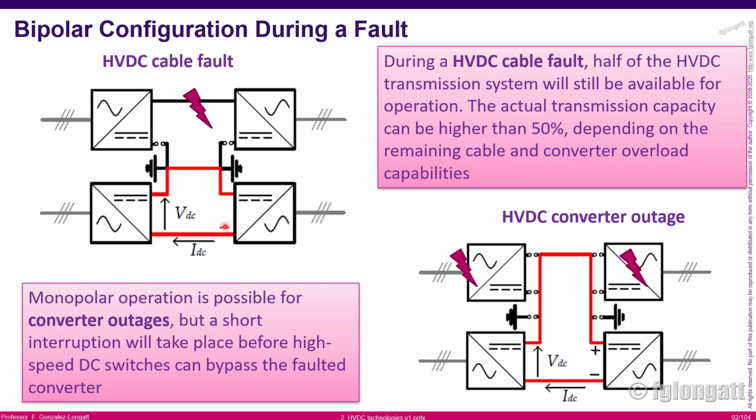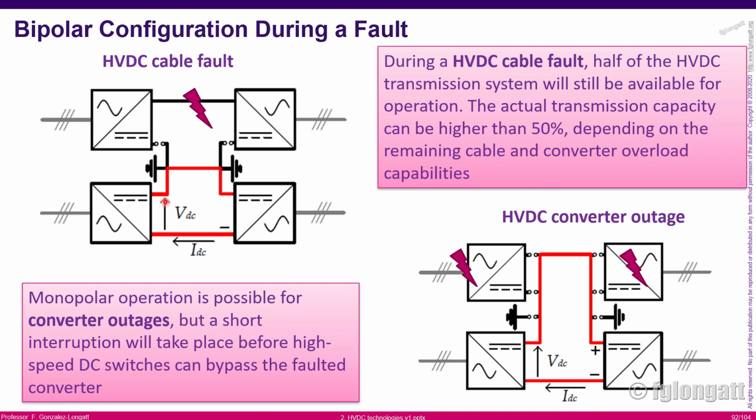What I'm telling you is if we have a fault in a cable and we have this bipolar configuration with metallic return, we can keep working with two of those converter stations, and the system will keep working, okay?